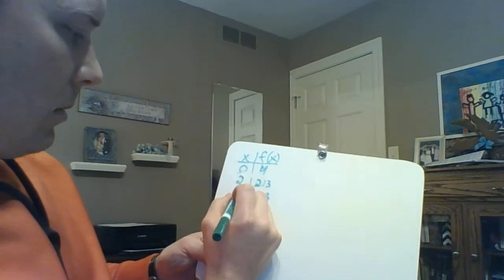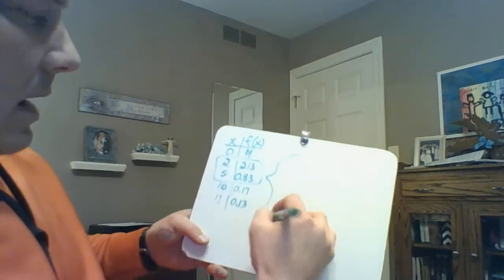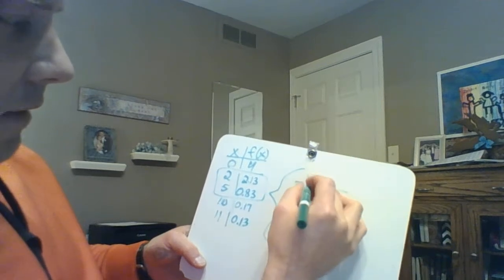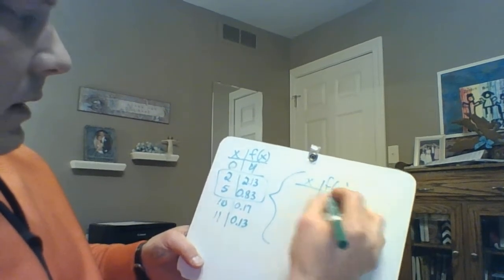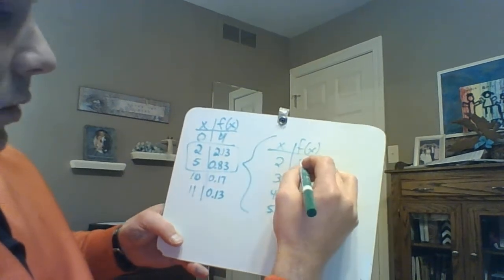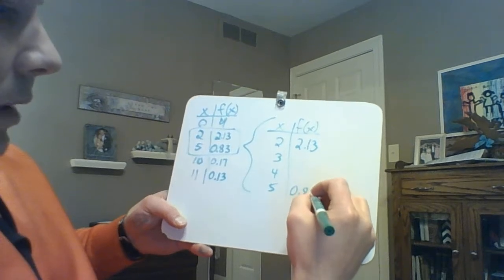Let me go back to taking these two, and I'm going to expand that. So I'll still have my table here, but I'll put 2, 3, 4, and 5 down. We already know what 2 is, 2.13, and 5 is 0.83.